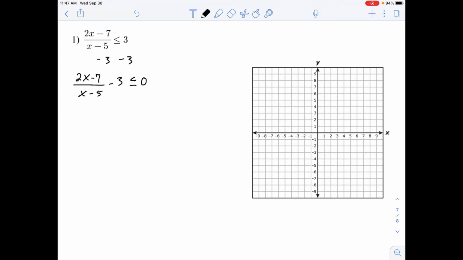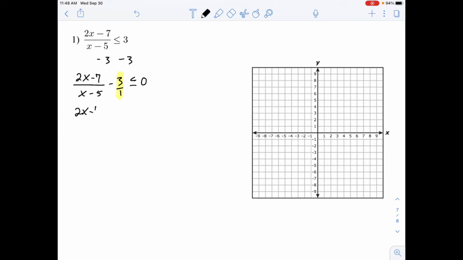So once I have this, I need to find a common denominator so that I can go ahead and subtract this. That's the only way I can simplify the left side. So again, this is over 1, if you think about it that way. So the common denominator here is going to be x minus 5. So really all I need to do is correct for this, because the x minus 5 is already in the first fraction.